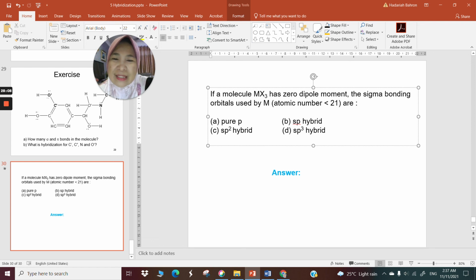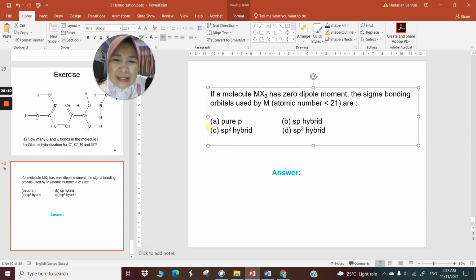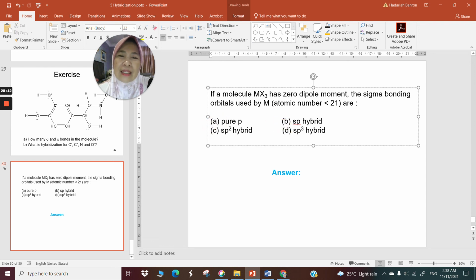Determine which one is the correct answer, A, B, C, or D. So with the information given, MX3, zero dipole moment, what kind of geometry will give you zero dipole moment with MX3, then you determine which hybridization is correct for your M.